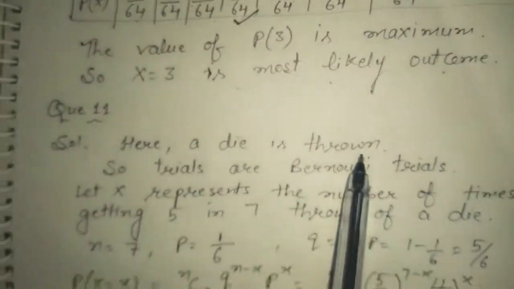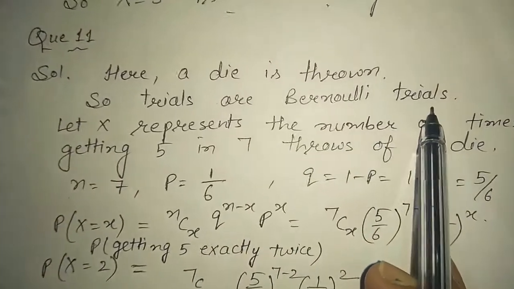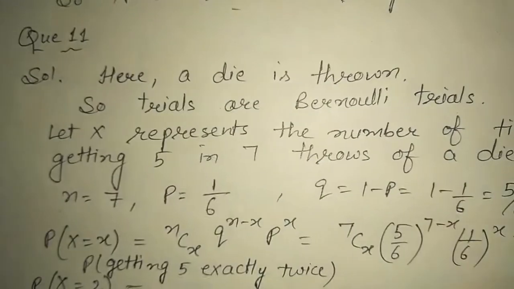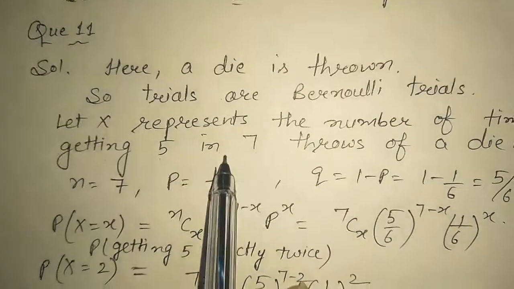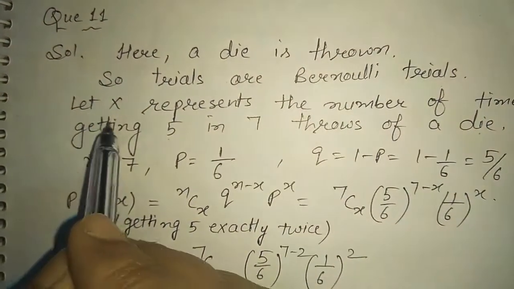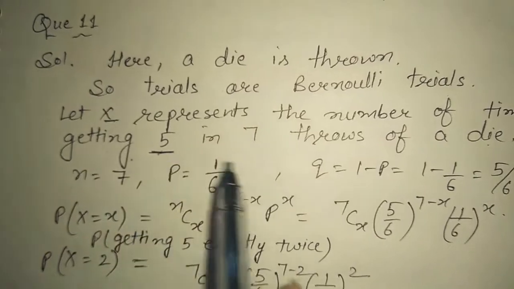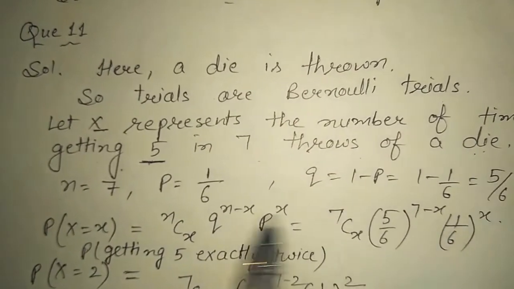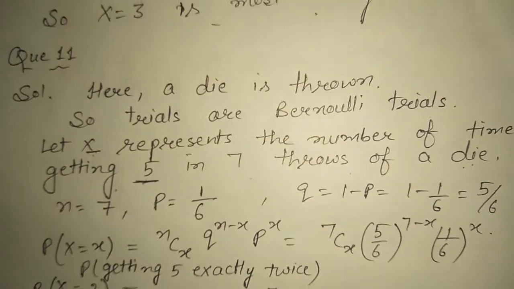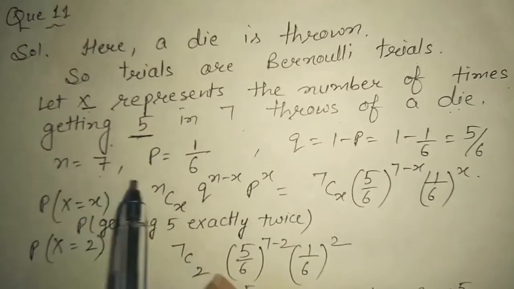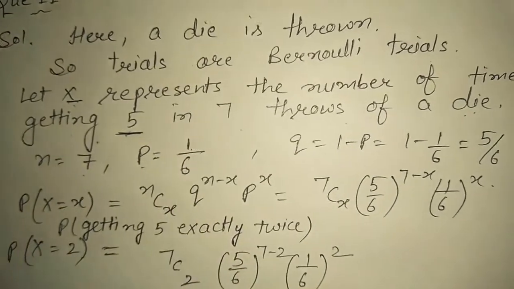Here a die is thrown, so the trials are Bernoulli's trials. Let x represent the number of times of getting 5 in 7 throws of a die. So here x is equal to 2 in this case. n is equal to 7. p is equal to 1 by 6. Why 1 by 6?